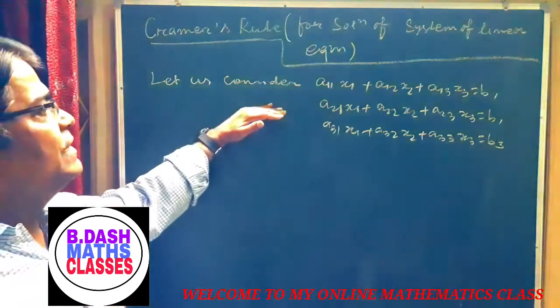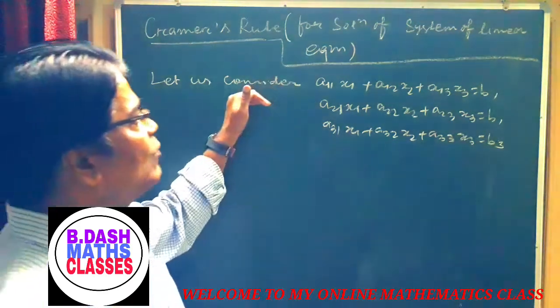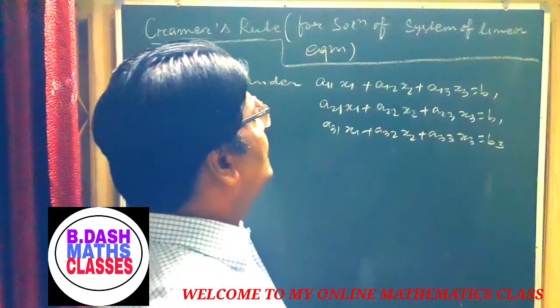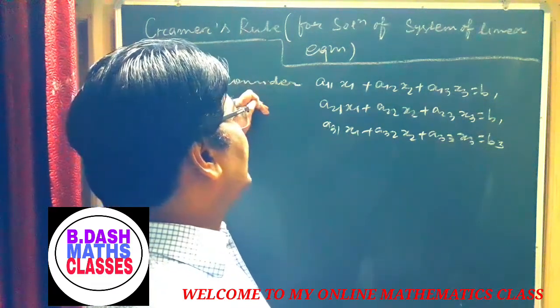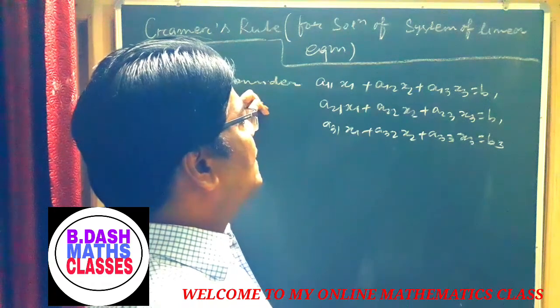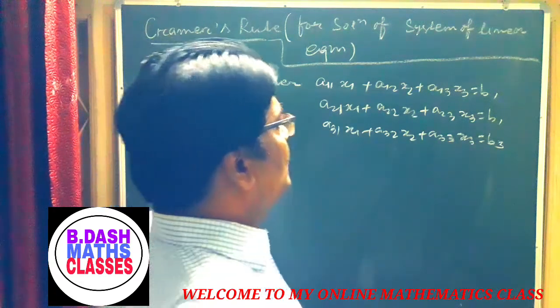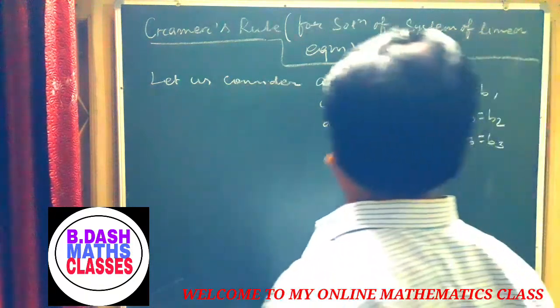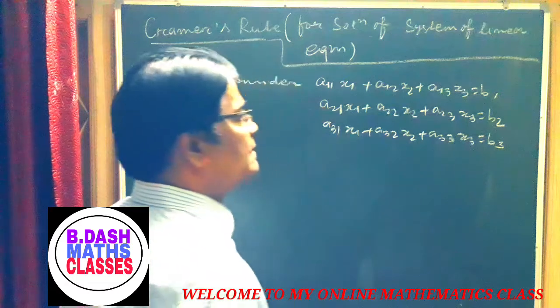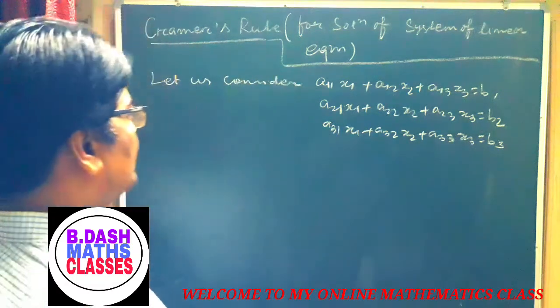Let us consider a system of linear equations: a11 x1 + a12 x2 + a13 x3 = b1, a21 x1 + a22 x2 + a23 x3 = b2, a31 x1 + a32 x2 + a33 x3 = b3.